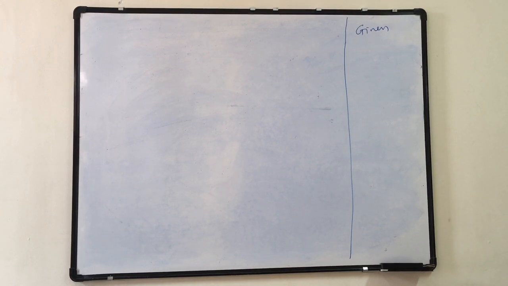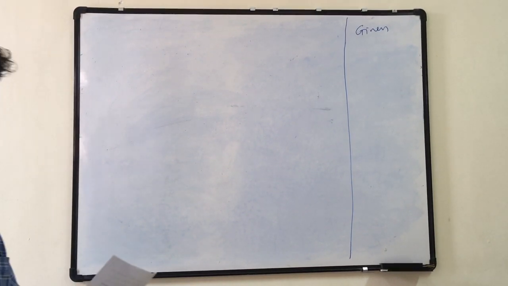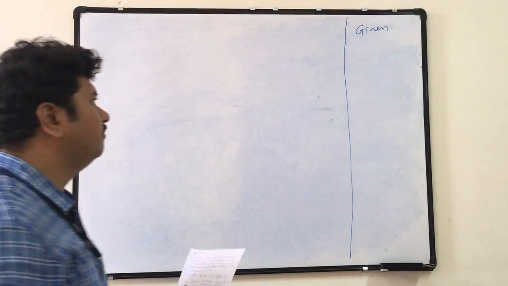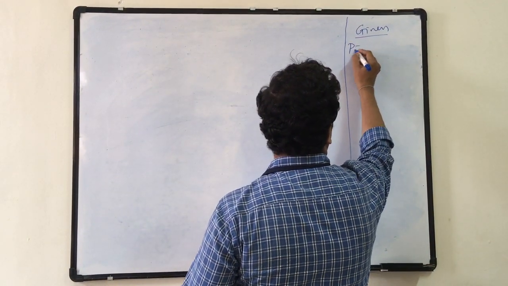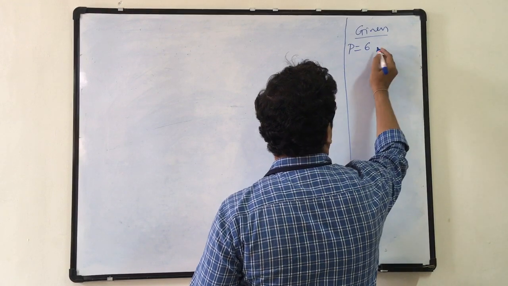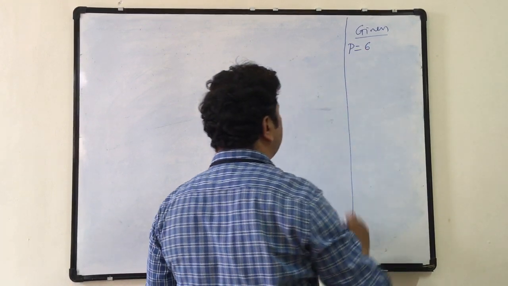Okay. So a 6-pole 3-phase star connected alternator. A 6-pole, that is pole P equal to 6.